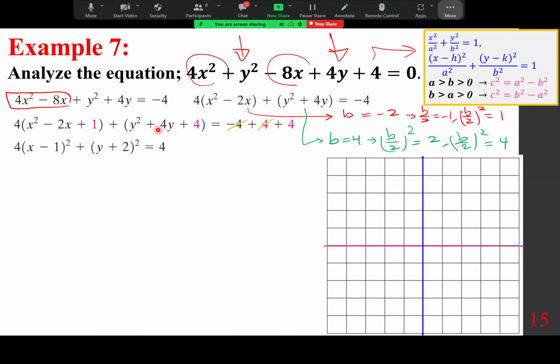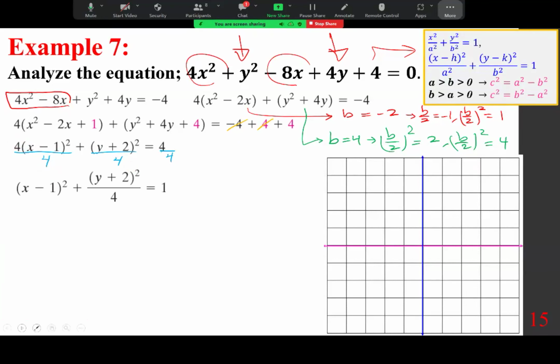What do we do? We divide by the constant on the right side, meaning we're going to divide by 4. Put it in standard form. When you divide this one by 4, these two cancel each other. This remains.